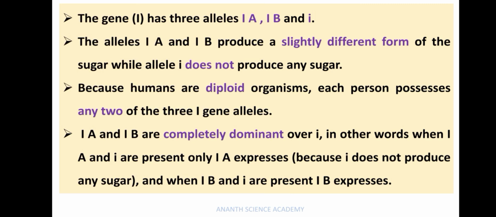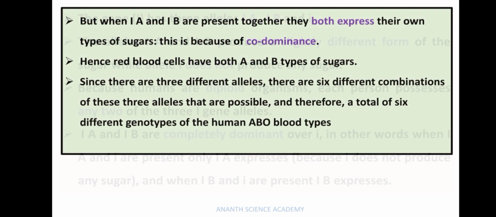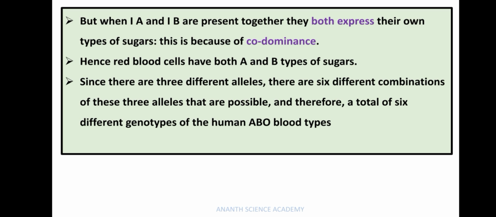That's why we call IA and IB dominant alleles and small i the recessive allele. But when IA and IB are present together, they both express their own types of sugars. This is because of codominance. Hence, red blood cells have both A and B types of sugars.